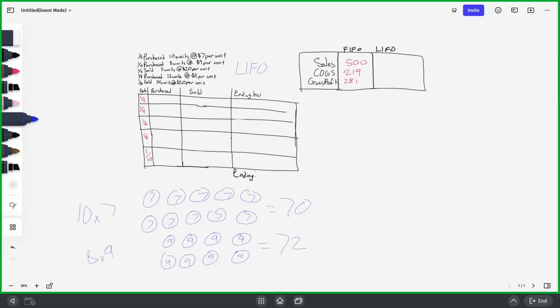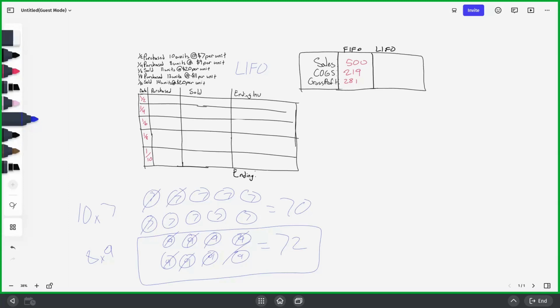So when we're pulling those 11 units, we have to focus on these guys first, because we can't touch our 10 units above before we get rid of our 8 units below. So we start by getting rid of the 8 units here, then we start digging into the rest of them.